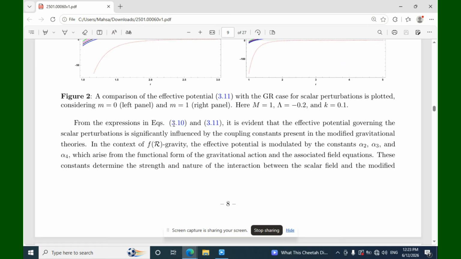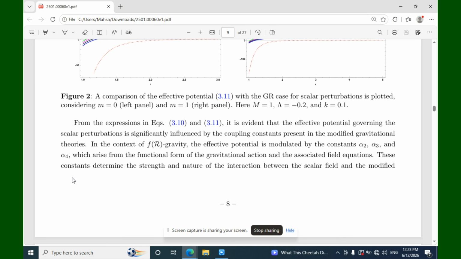From the expressions in equations 3.10 and 3.11, it is evident that the effective potential governing the scalar perturbations is significantly influenced by the coupling constants present in the modified gravitational theories.